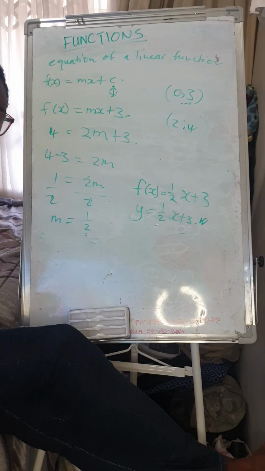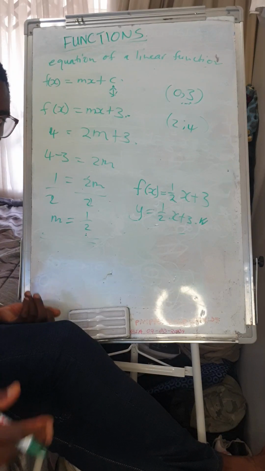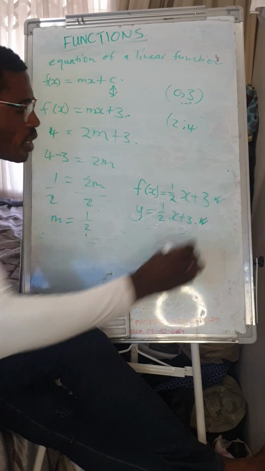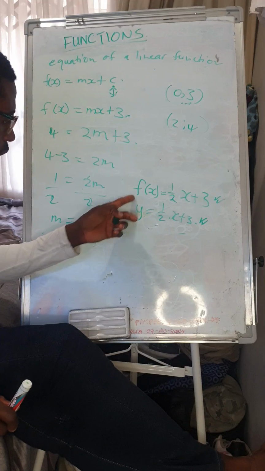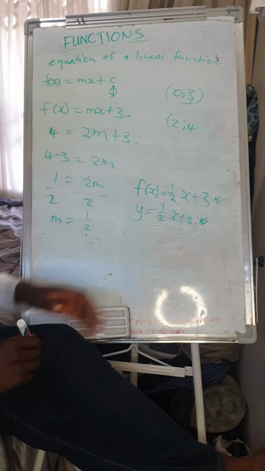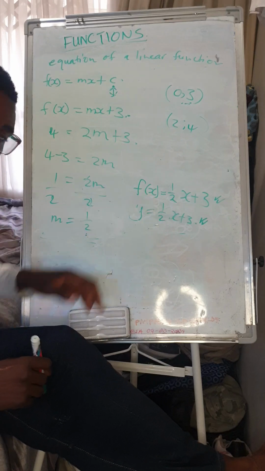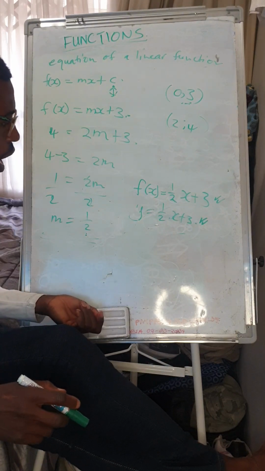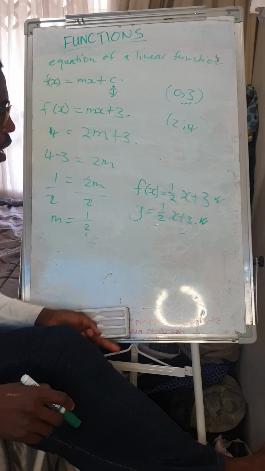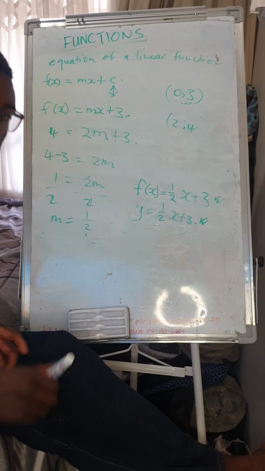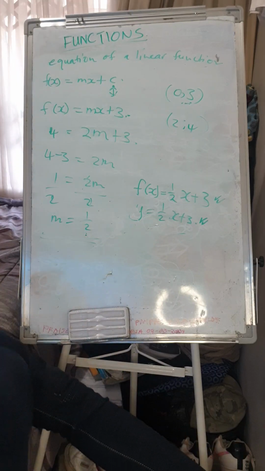If they say in the form of f of x equals mx plus c, this is going to be your answer. This is very important because it's 1 mark. If they say f of x and you put the other one, you lose a mark. Let me move on.